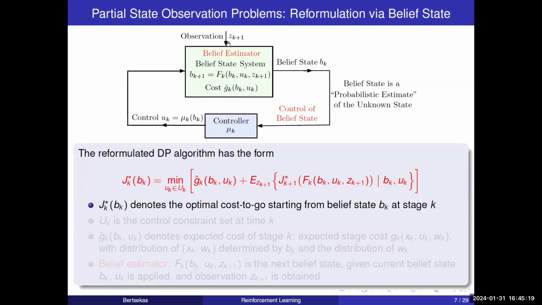So we are at belief state b_k, a new observation comes in, a control has been applied, we apply this equation, we get b_{k+1}, and so on. This belief state is fed into a controller, which is a feedback controller, that applies an action depending on the belief state that the estimator has provided.